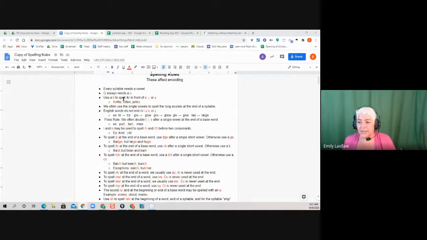We use a K to spell /k/ in front of E, I, or Y. The convention is that anything within the slash marks refers to the sound of that letter, because I'm not going to use IPA and I don't have the ability to type it. So sound inside the slash marks. If we want to spell the /k/ sound in front of E, I, or Y, we have to use a K. Why? Because the C would say /s/, right?